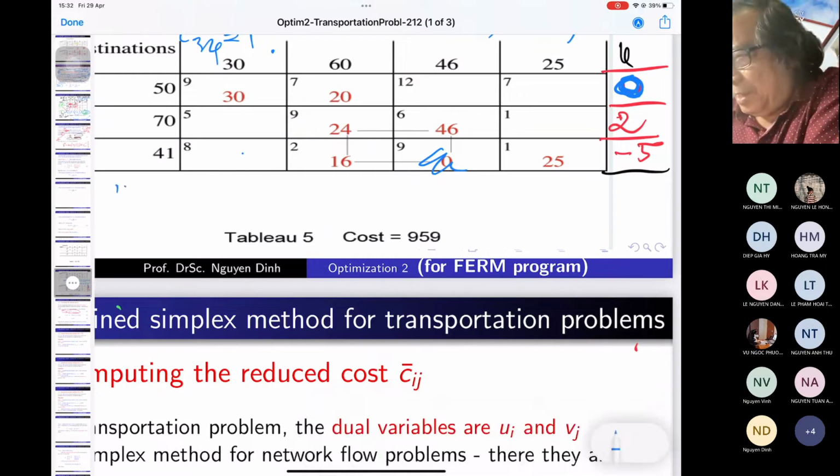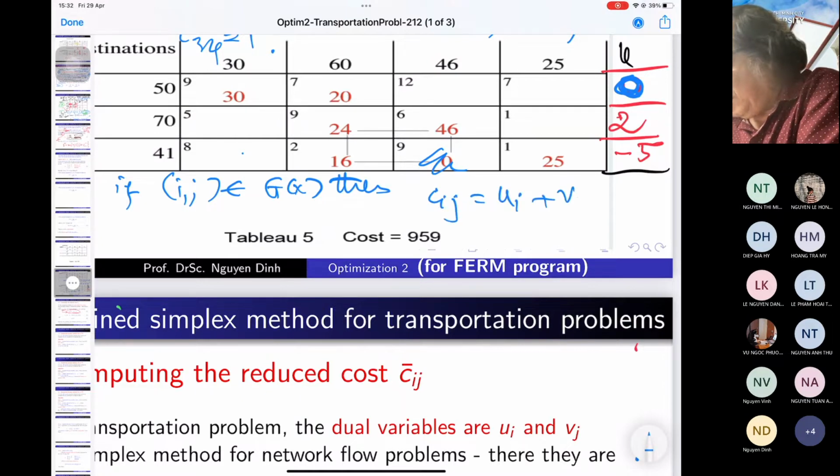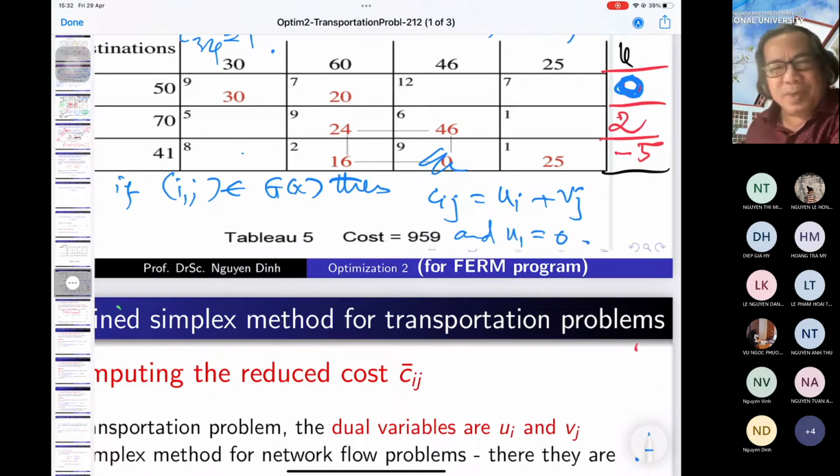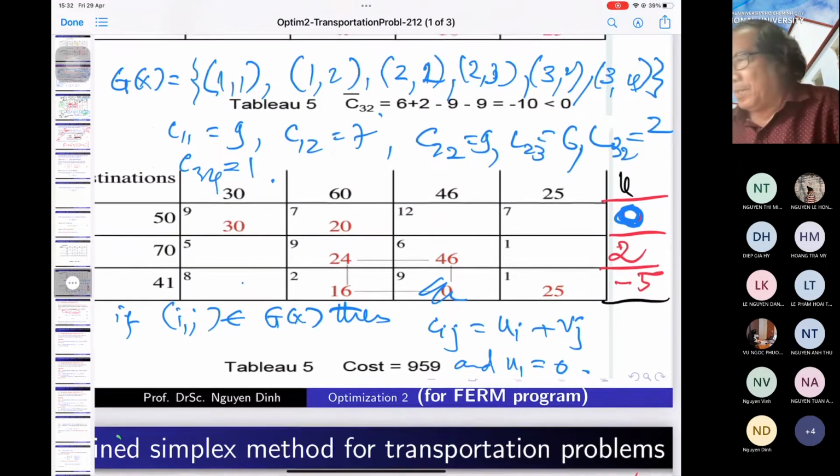If ij belongs to Gx, then Cij equals ui plus vj, and u1 is 0. Is that okay? Like this. And then it creates in your computer a system of linear equations.